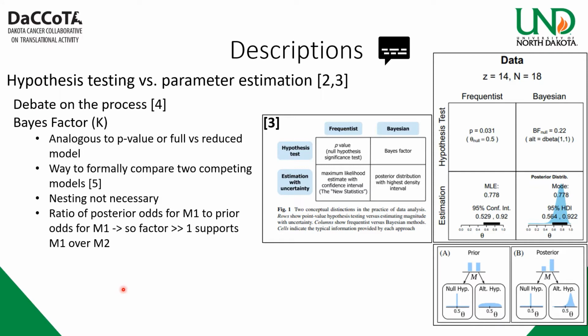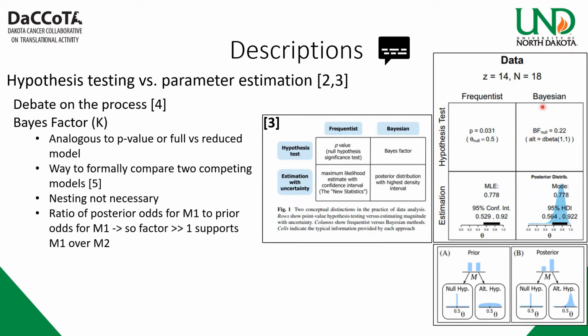And so what you do is take the ratio of posterior odds for M1, so one of your hypotheses, to prior odds for M1, so that a Bayes factor much greater than 1 supports M1 over M2.